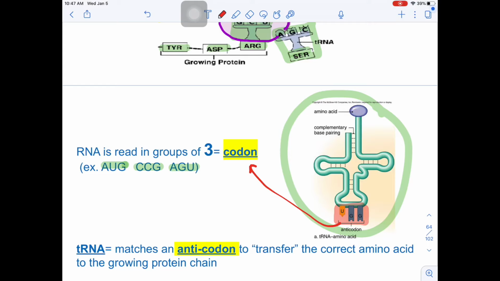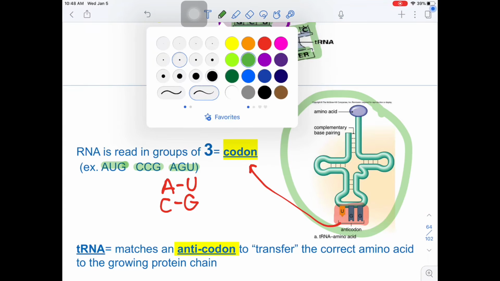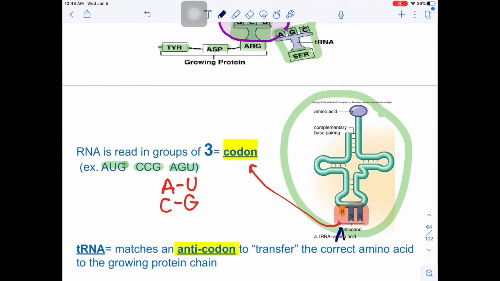It's going to match up regarding our base pair rules. So it's going to use those base pair rules to match. So that's apples under the tree and cars in the garage, which means that the codon that matches this anticodon, UGG, is ACC. I'm actually going to do that in a different color so you can see it a little bit better. So the matching codon for this anticodon is ACC.